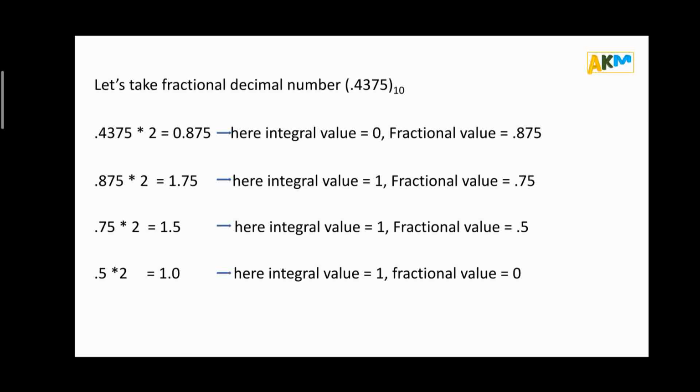Therefore 0.4375 is equal to 0.0111, since the first integral value is 0, then next is 1 and the following are also 1, 1. So the conversion is 0.0111. That will be the value of 0.4375. Like this we will convert a fractional decimal number to a binary number.